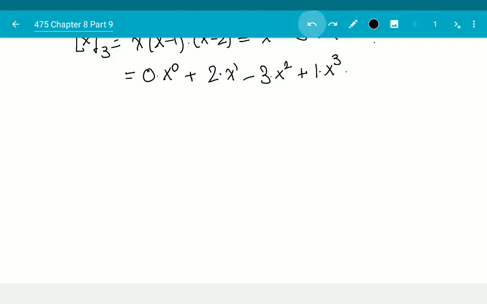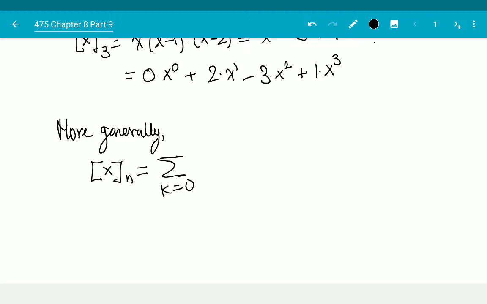More generally, small x_n is equal to summation k equal to 0 to n of negative 1 to the n minus k, small s of n comma k, x to the k.